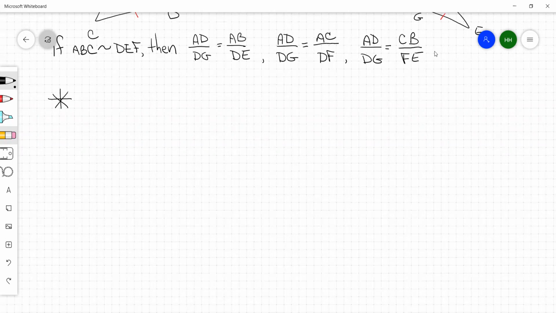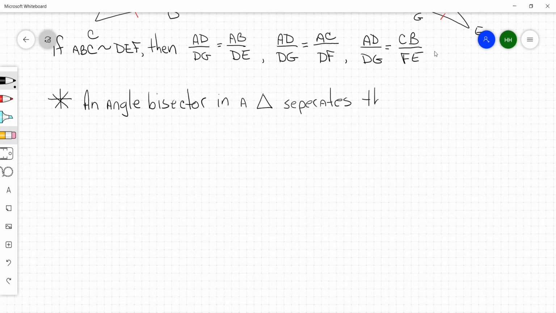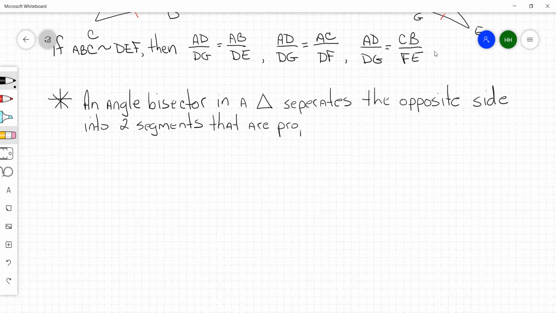An angle bisector in a triangle separates the opposite side into two segments that are proportional to the lengths of the other two sides.